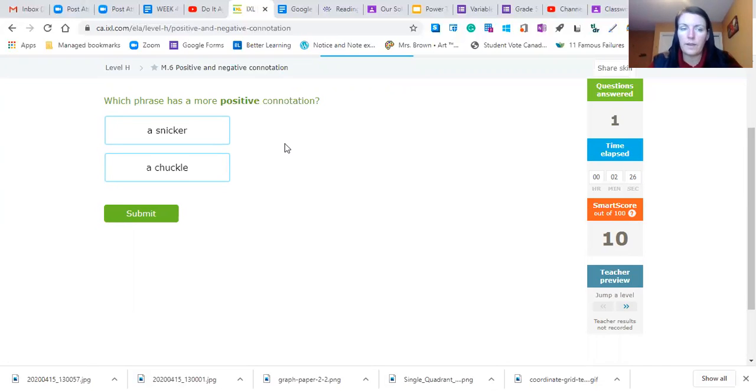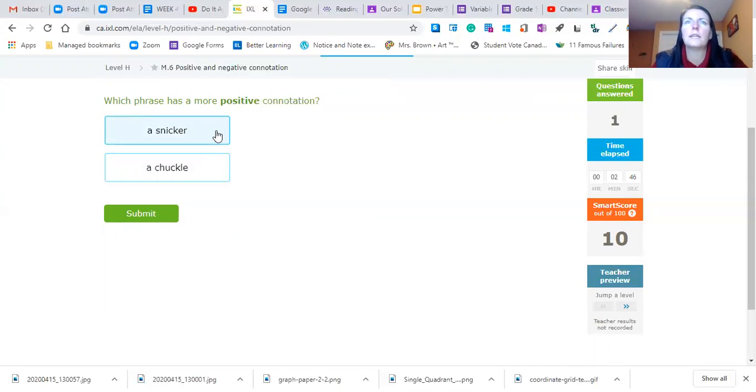Keep looking at that green sentence to make sure you are following the exact question, so you don't get into a rut of thinking it's going to be a negative and suddenly it changes on you and it's asking for a positive one. In this case, it's asking for a positive one, a snicker or a chuckle, right? Oh, he chuckled at that joke, or he snickered.